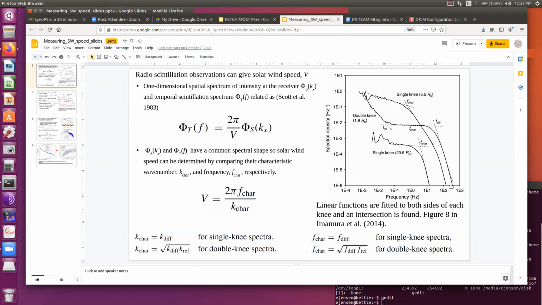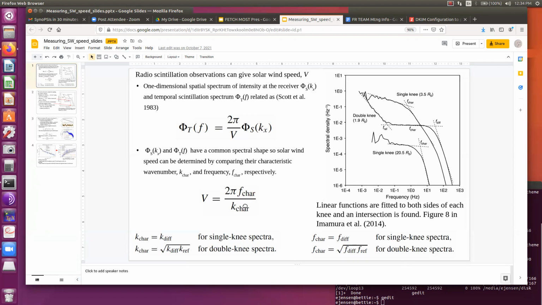So there's another way to do it. If we have characterized the solar wind for different regions, and we kind of know what is a common frequency for a certain type of solar wind going past our line of sight, we can talk about characteristic velocities and characteristic wave numbers for those fluctuations.